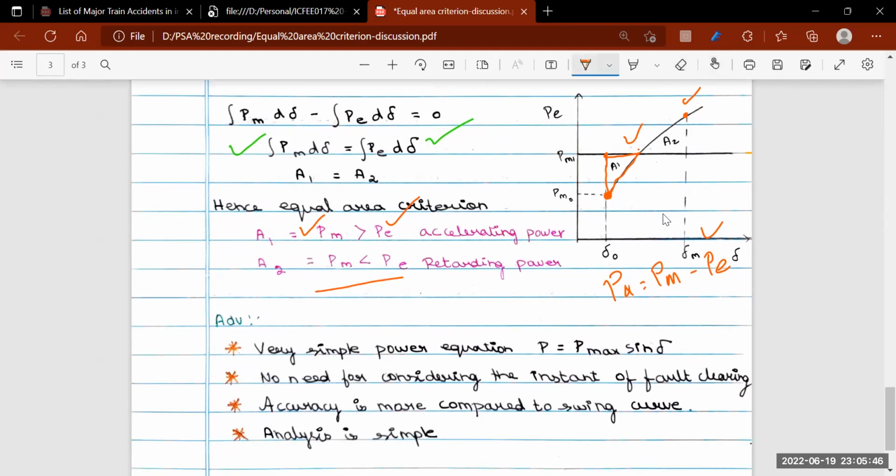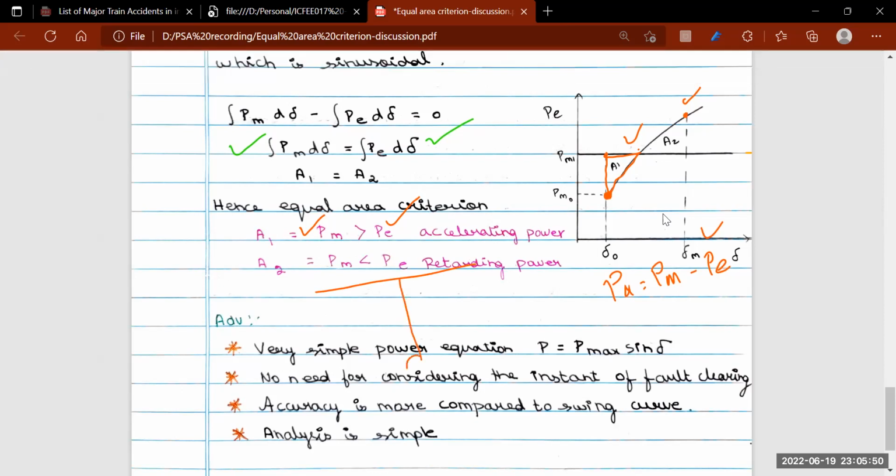So let me take a string like this. I'm going to drop a pendulum, and this pendulum is about to move about the equilibrium point. Let me say that this is the extreme point A, and this is the extreme point C, and this is my equilibrium. Because of the initial force, the pendulum starts swinging, a forward and reverse movement like this.